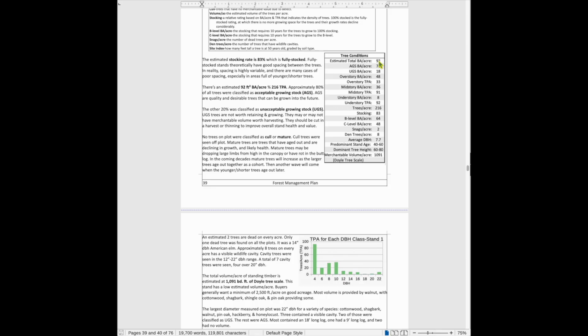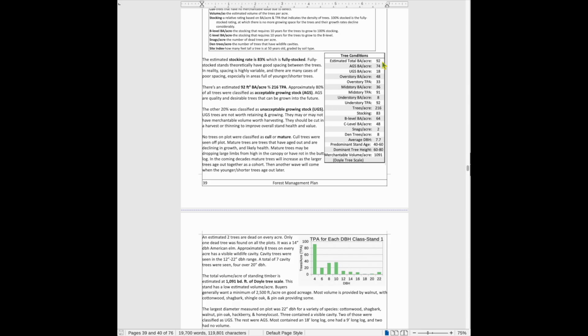74 of that 92, these are square feet, 74 of that is what we call AGS. That's acceptable growing stock. 18 of that is UGS, unacceptable growing stock. So this is good information to know.